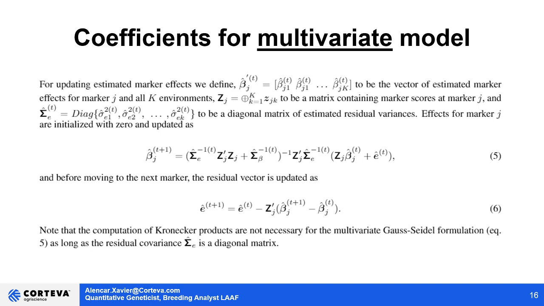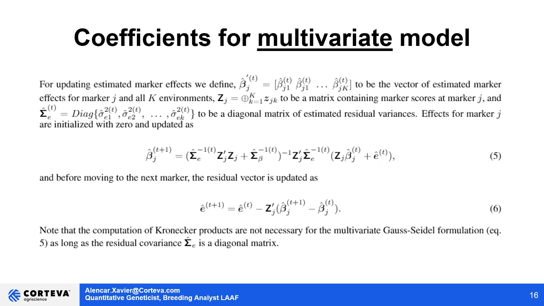But the whole idea that I really want to convey here is that the formulation we use in the multivariate system of equations using Gauss-Seidel is really small. Instead of fitting those huge models involving large Kronecker products, by fitting one marker at a time, we are handling very small matrices that, for the simple example here, are just the number of traits by the number of traits.